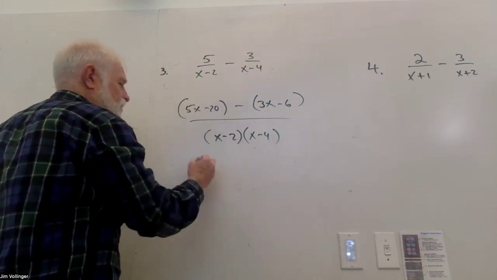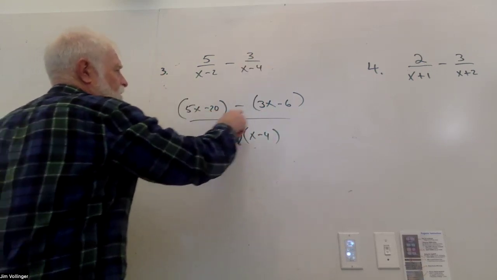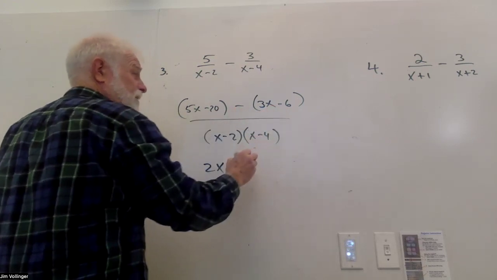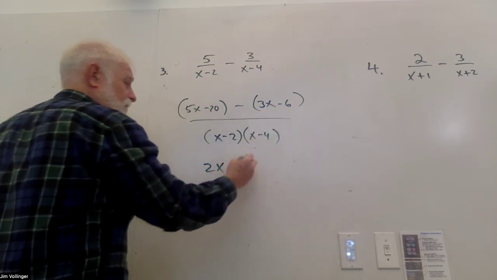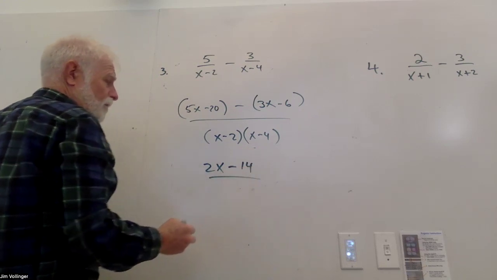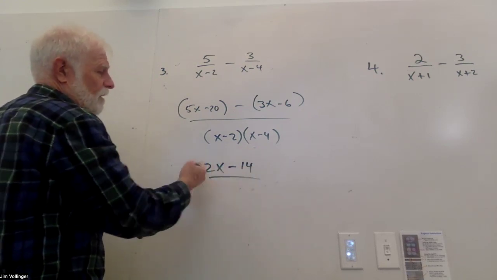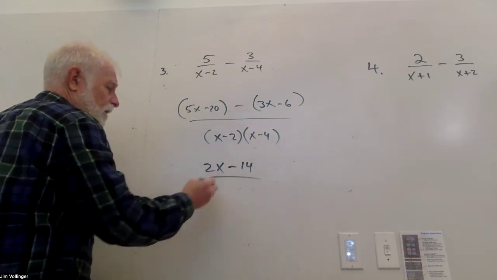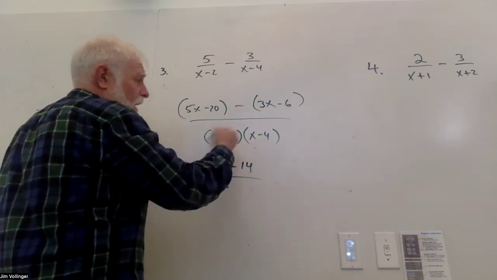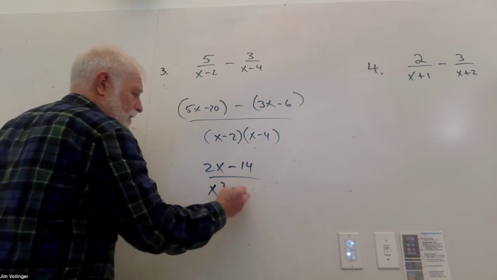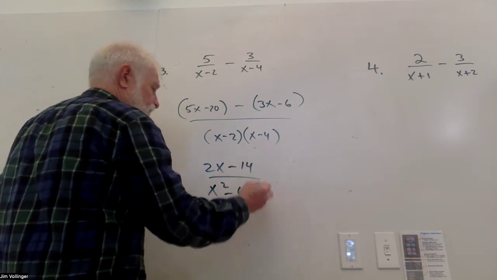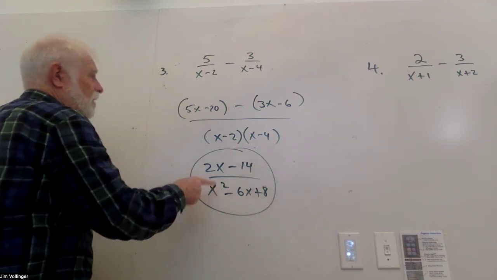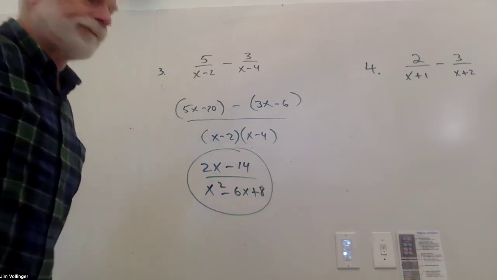So 5x minus 3x is 2x, minus 20 minus a minus 6 is negative 14, I believe. And that's over, well, okay, I'm not seeing, factoring this gets me an x minus 7, nothing's going to divide out. So if you want to multiply it out, you can. I don't care on the test with you. Minus 6x plus 8, that's fine. And that's what you get when you subtract those two.